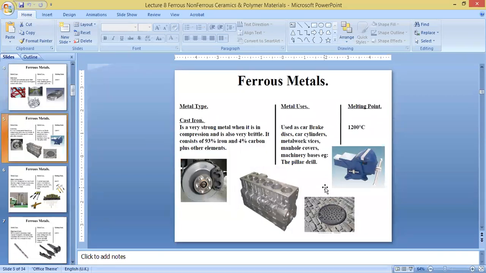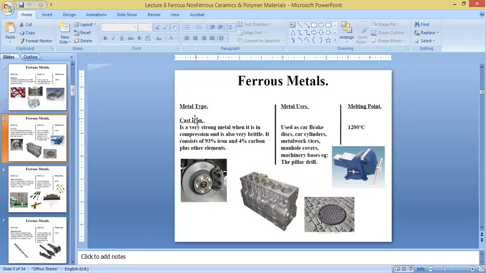Coming to cast iron, it is a very strong metal in compression, but also very brittle. You remember what I said about brittle materials: materials that are brittle tend to be very strong in compression. The fact that cast iron is very brittle is why it's not widely used. So while this cast iron is in molten form, we add carbon to it, and that's what forms steel.